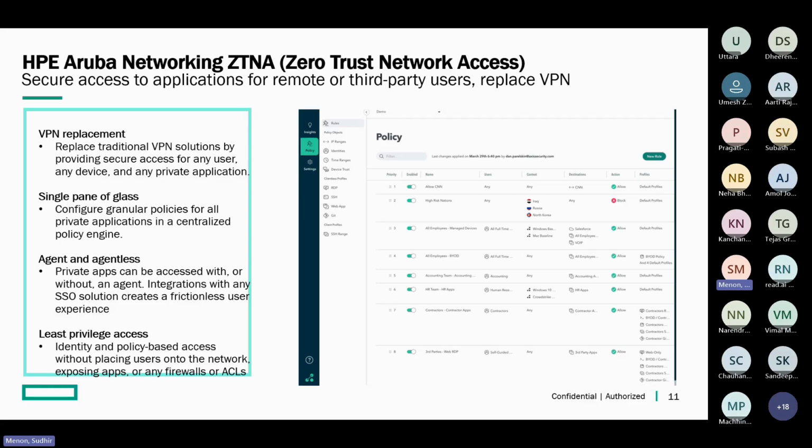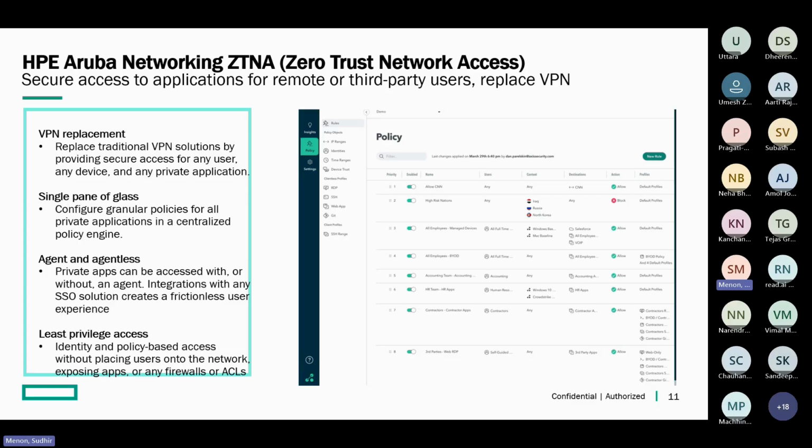Last but not the least is least privilege access. I think this is the foundation of ZTNA, where the very meaning of zero trust becomes no access, and then selectively enable access for each of your users or connections. So least privilege access, depending upon your identity, is what can be enabled with ZTNA.